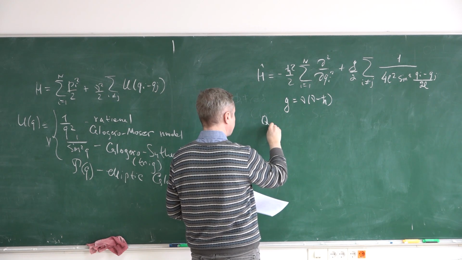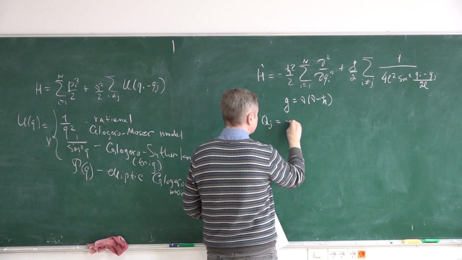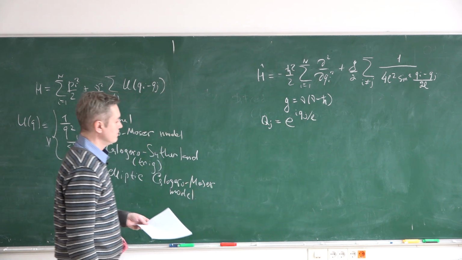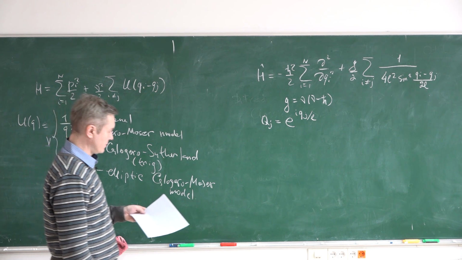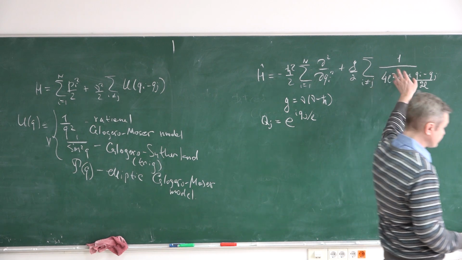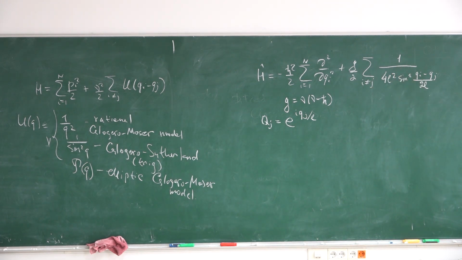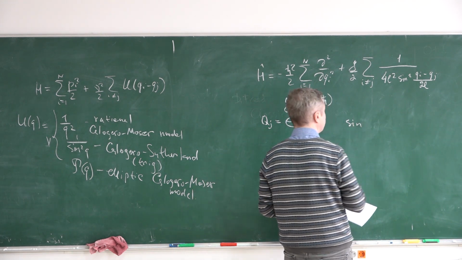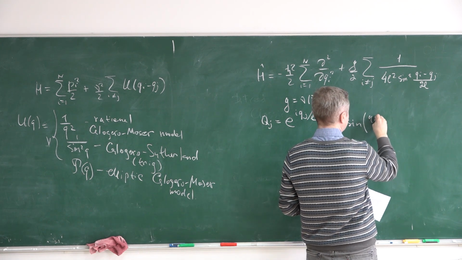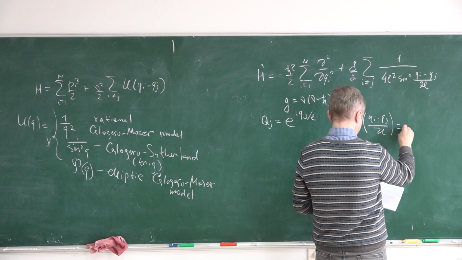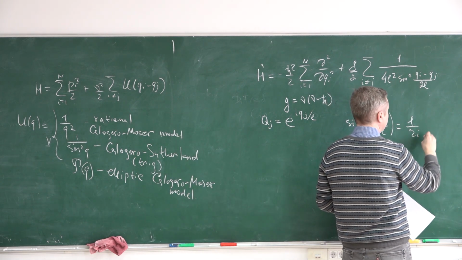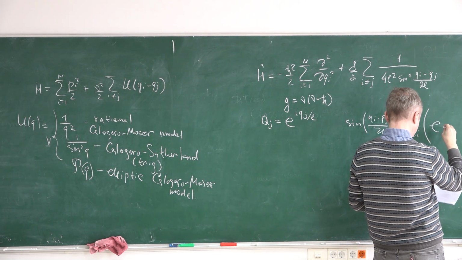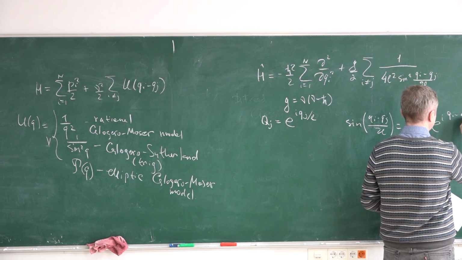We denote it like q large, and so we have this set of variables, and we can of course re-express this inverse sine in terms of these q large variables, because the sine of (qi minus qj) over 2 is equal to 1 over 2i times the exponent of qi minus qj.